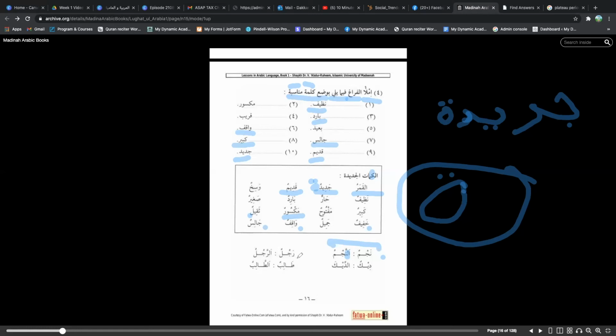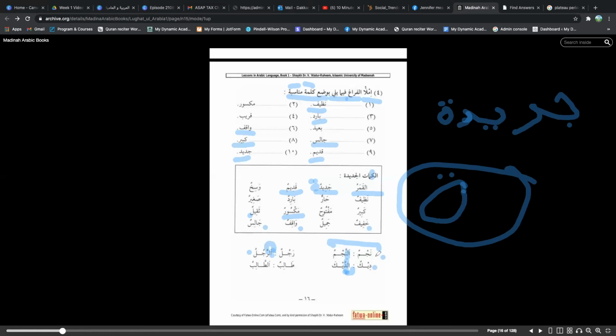Next one, rajulun, a man, ar-rajulu, the man. Diikun is a rooster, ad-diiku. Why is it ad-diiku and not al-diiku? Why does the alif go straight to the dal? Because dal is min al-huruf al-shamsiyya, also a sun letter. Just like here, it's not al-rajul. You want to be aware of that. They put a shadda over the ra for a reason, to let you know that the alif should connect to the ra, that it's a sun letter.